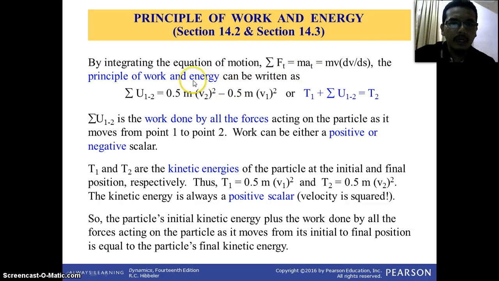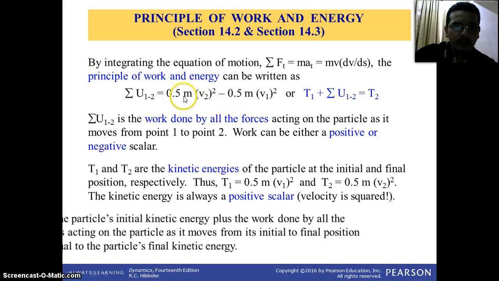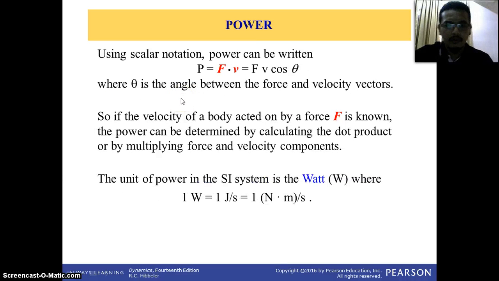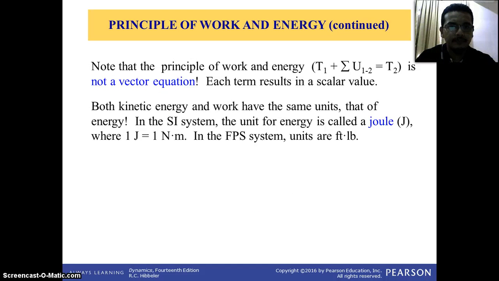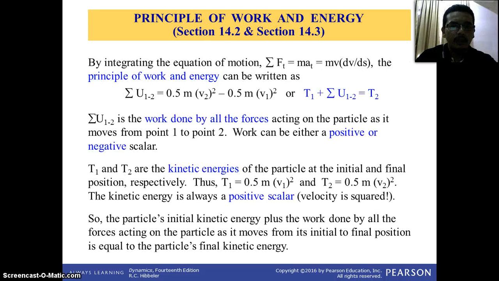The principle of work and energy can be written as the initial kinetic energy plus the total work done from point 1 to point 2 equal to the final kinetic energy here.